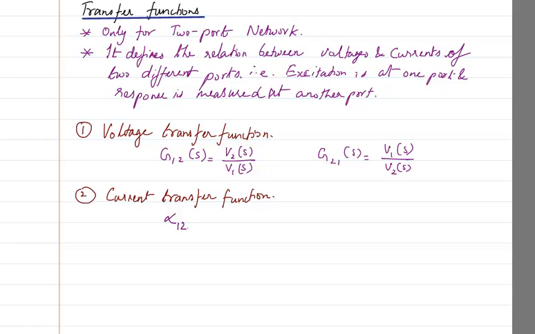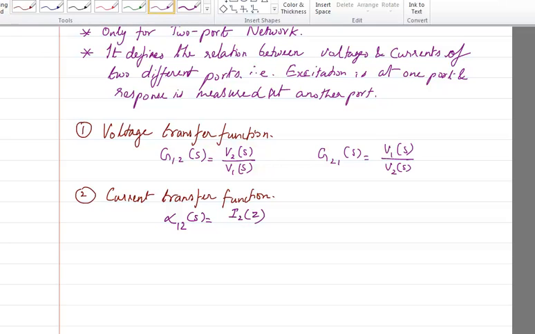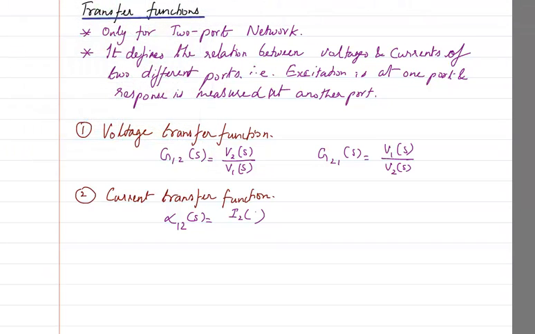So alpha 12 of S is the current at second port when you give a current at first port, and similarly alpha 21 of S is talking about the current amplification at first port when you give current I2 at the second port.